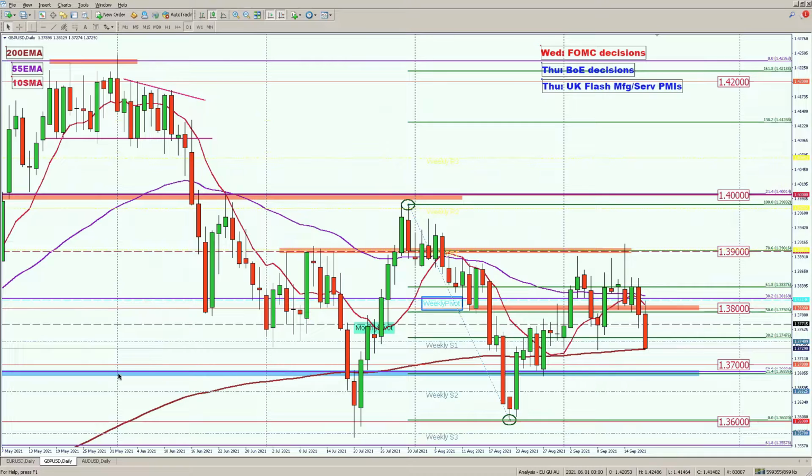Now the longer term fib in blue aligns with the 21 fib retracement back up here for the shorter term, and that's a confluence here of the support zone around the 136.85 area.